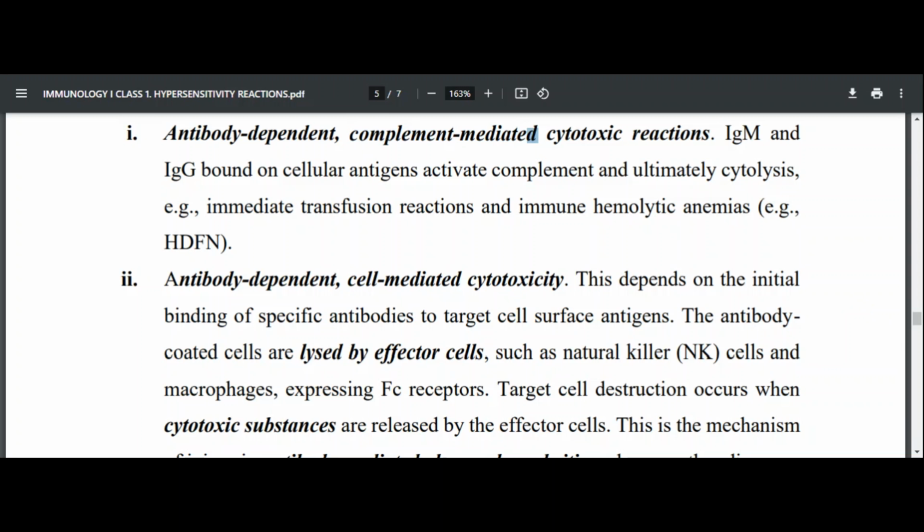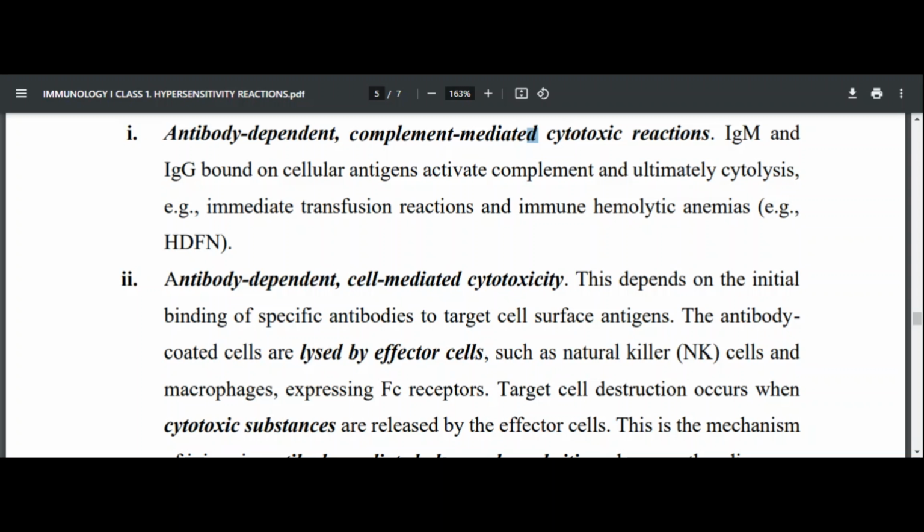We call it opsonization, or to mark that particular antigen on a certain cell. For this example it is a red blood cell, isn't it? Then, because IgM is able to activate complement, it is going to destroy that particular cell that carries antigens. So that's what is called complement-mediated cytotoxic reaction.